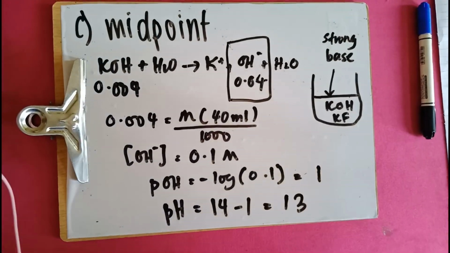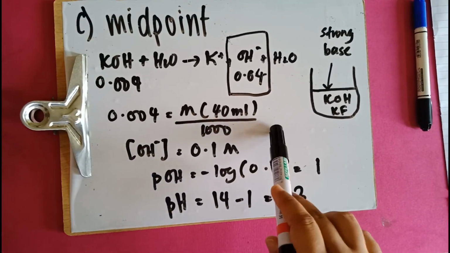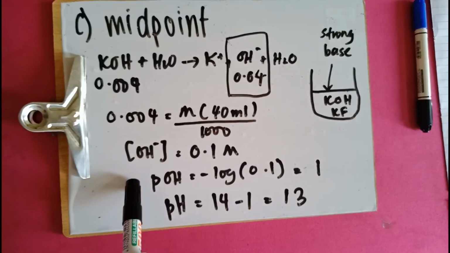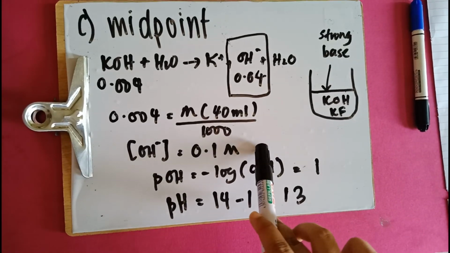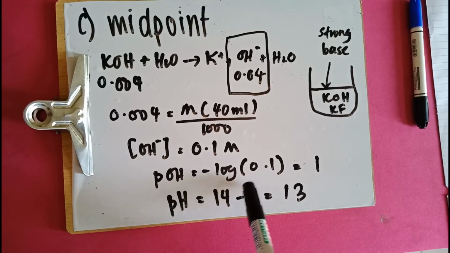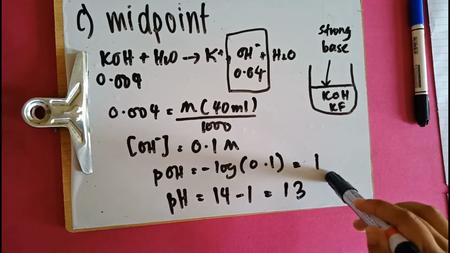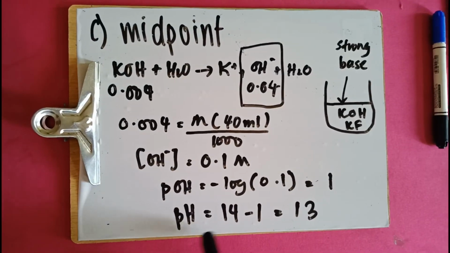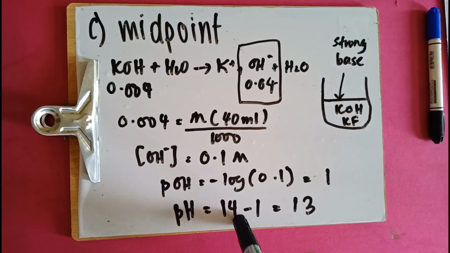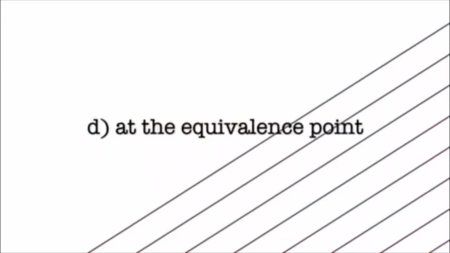So we convert the mole into concentration, and you get the concentration of OH- is 0.1 molar. And to get the pOH, just apply the formula negative log of 0.1, and you'll get 1 as pOH. And for the pH, just subtract 1 from 14, and you get the pH as 13.